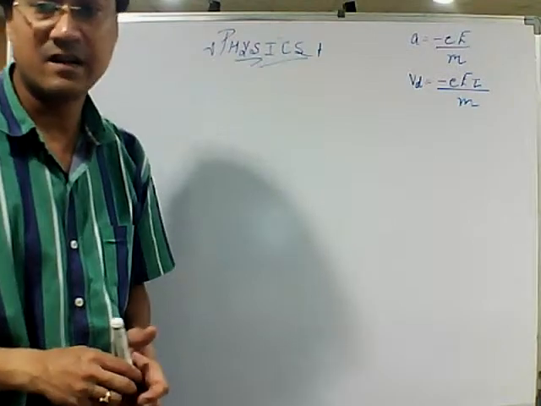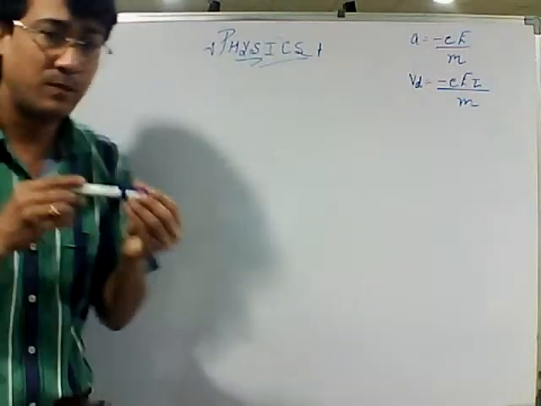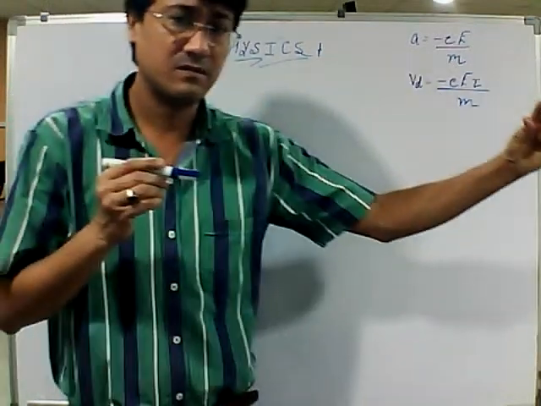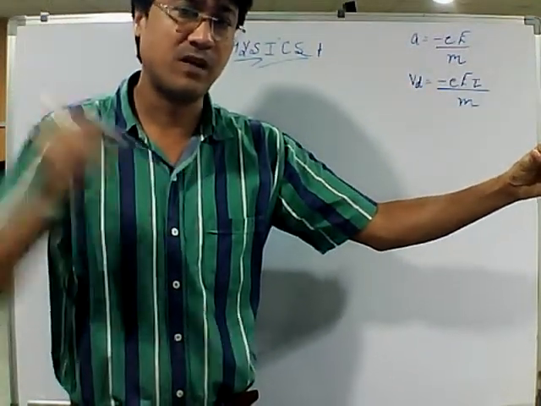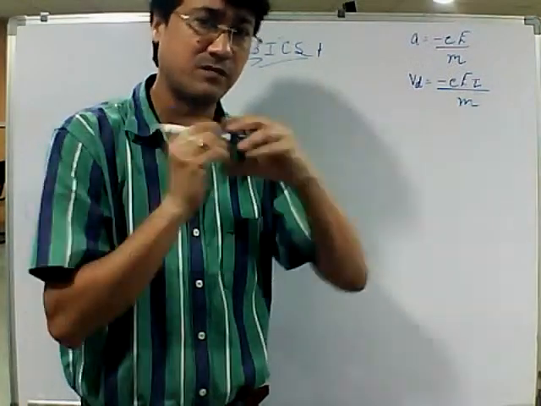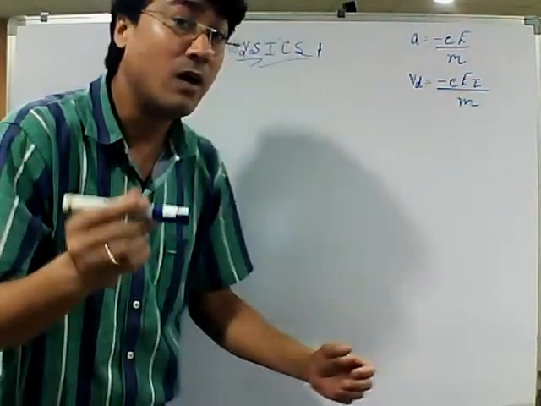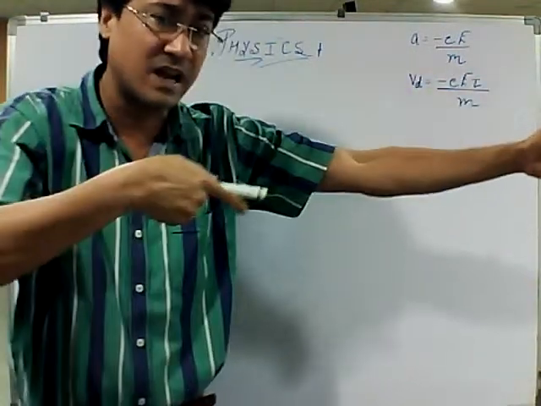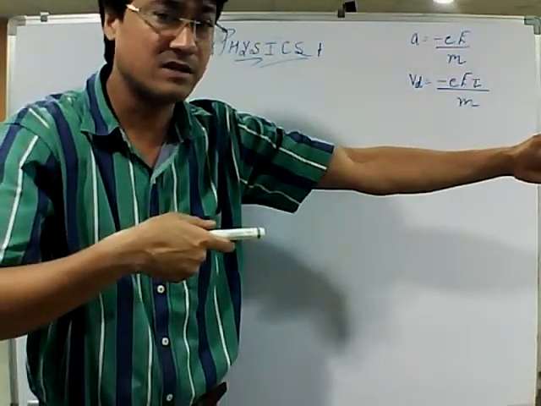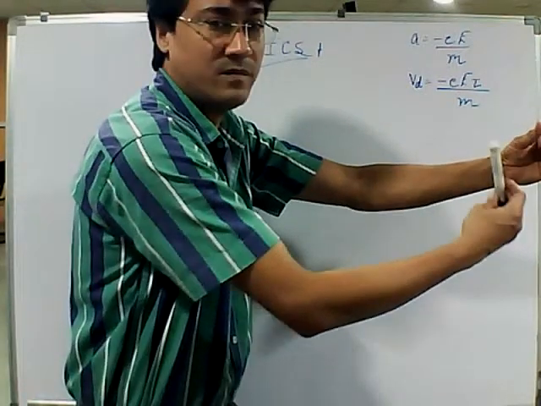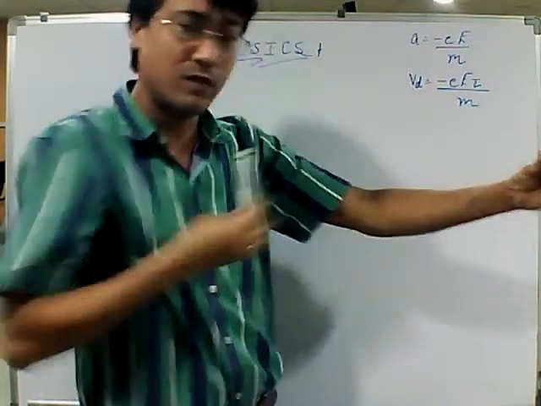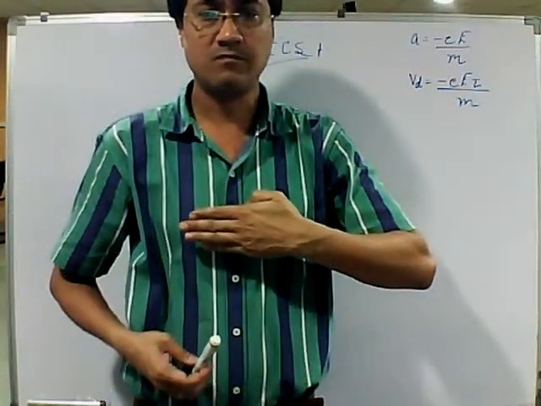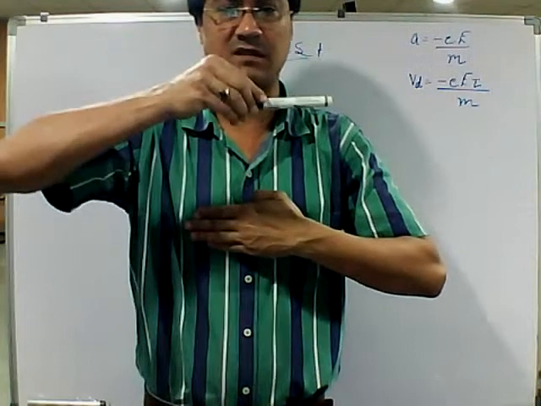Why is a negative sign there? See, you apply the electric field, which will move from positive to negative, providing the acceleration. Now, will the electron move in the direction of the electric field or opposite to it? Electron is negatively charged, so it will move towards positive and away from negative. So the electron is moving in this direction and you are applying the electric field in this direction.